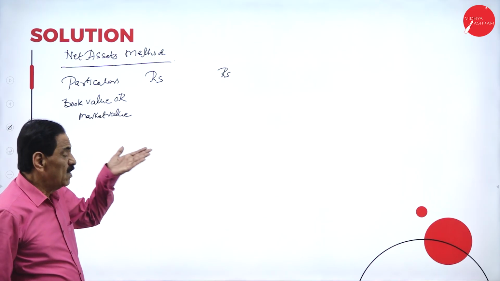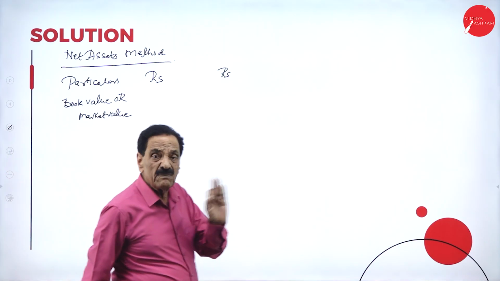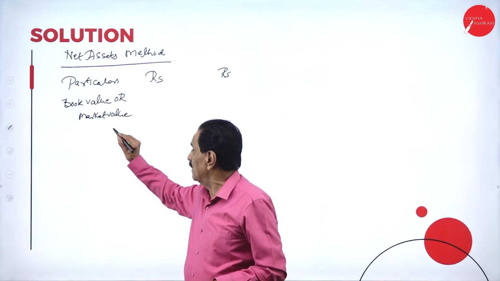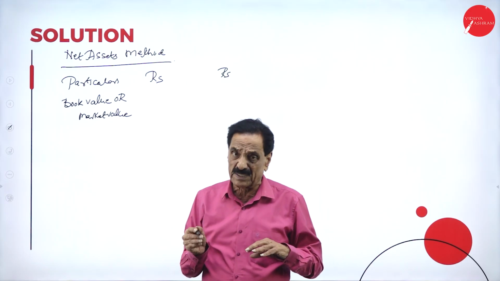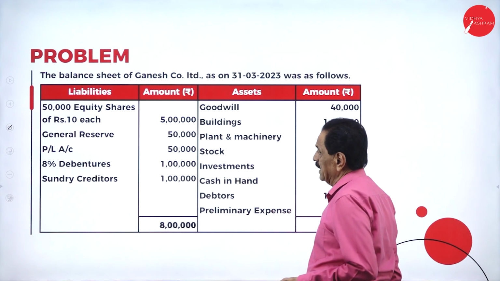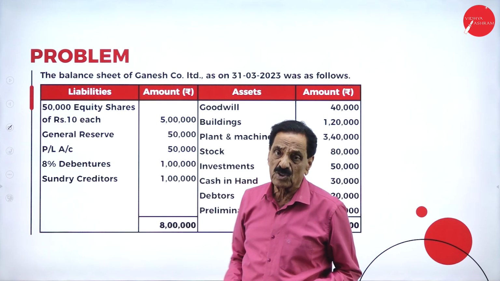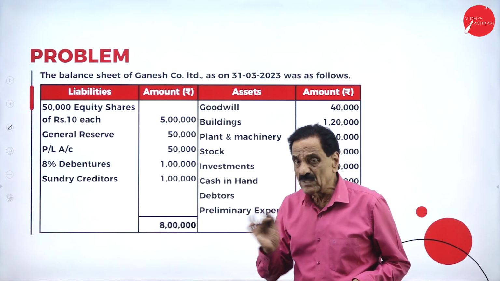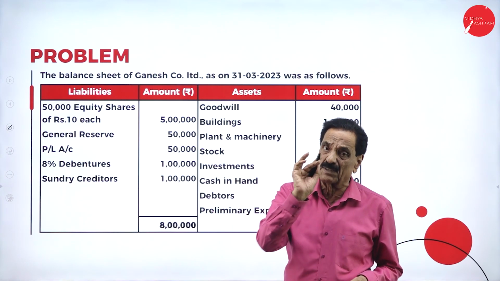Whatever the value given in the adjustment is called market value. Here, whichever is more is not there. It is not there. Either you have to take the book value or, if the market value is given, you take it, maybe more or less. I will give you an example. Building 1,20,000 is the book value. If the adjustment gives only 1,10,000, you have to take only 1,10,000. Whether more or less is not considered. If the market value is given, then you have to take only the market value.